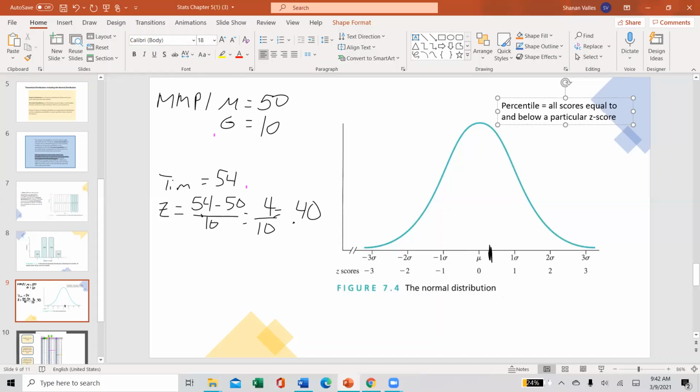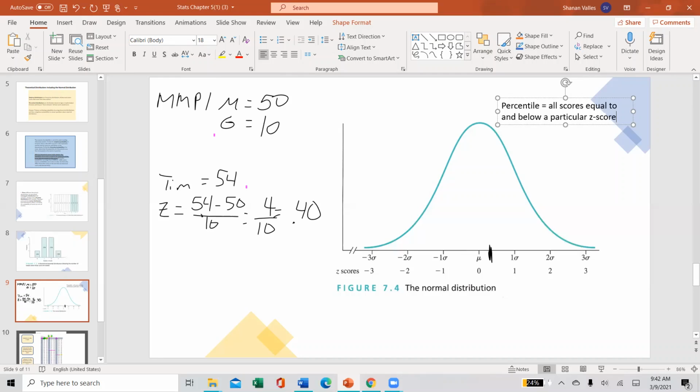When I tell you you're in the 84th percentile, that means that you are equal to and above 84% of the people out there. If you score in the 90th percentile, that means you are equal to and better than 90% of the people out there.